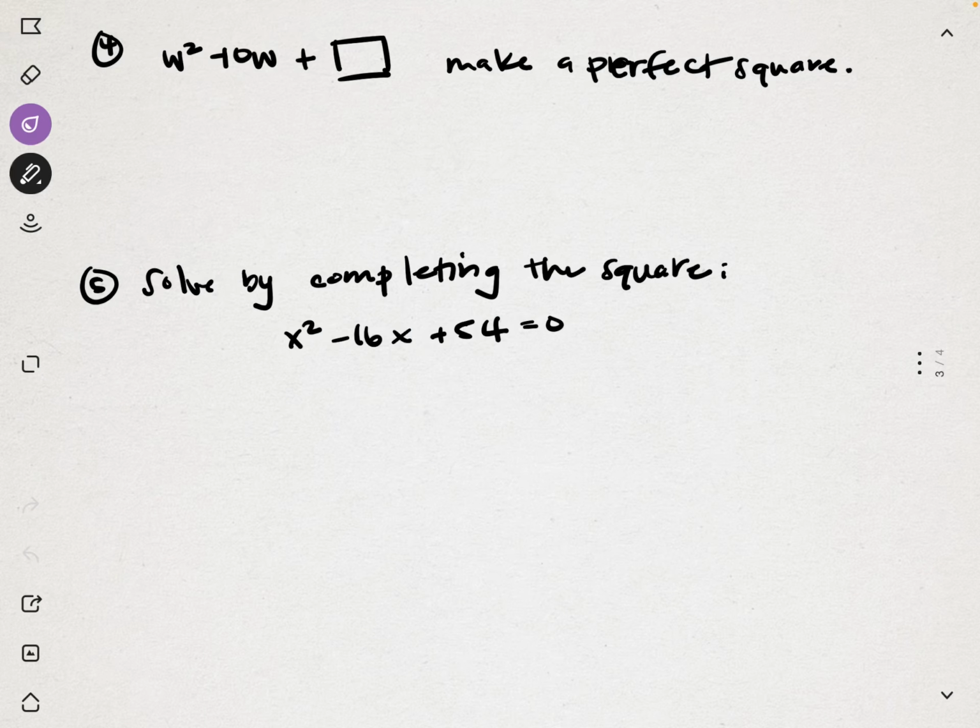Okay, on the next one, these ones deal with completing the square. So for this number 4, it's asking us to make a perfect square. So here's the thing, what we're going to do is find the middle number. So we have negative 10. We're going to divide it by 2 and square it. So negative 10 divided by 2 is negative 5.